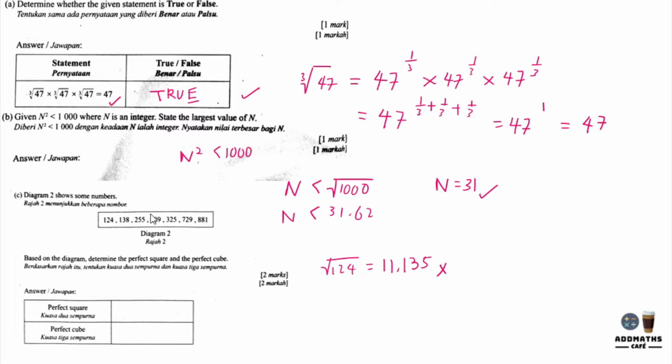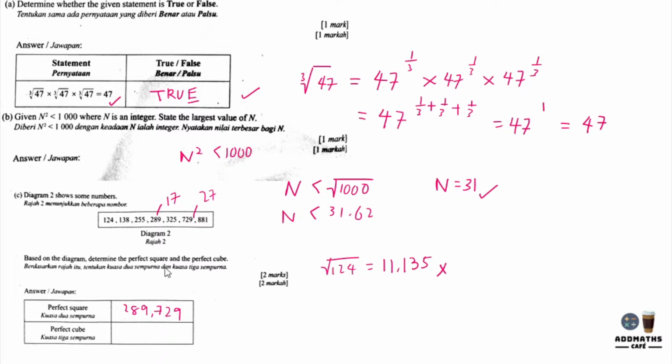No. Square root of 289, yes, you get 17, by using the calculator. Square root of 325? No. Square root of 729? Yes, you'll get 27. And lastly, square root of 881? No. So the answer for perfect square will be 17 and 27. Now, it's not 17 and 27, but writing the original values, 289 and 729.